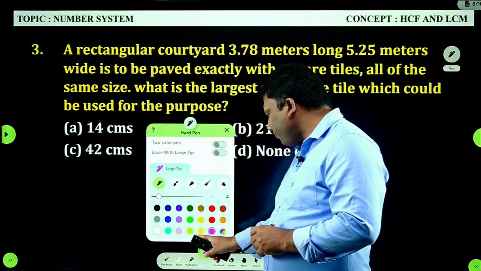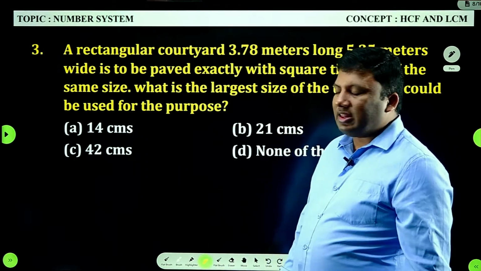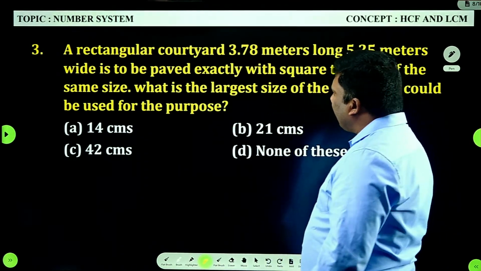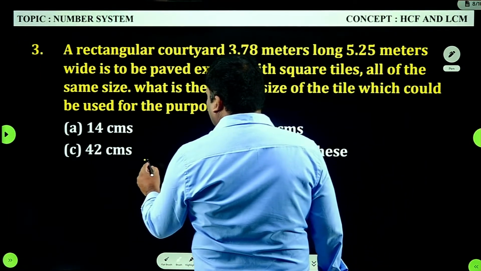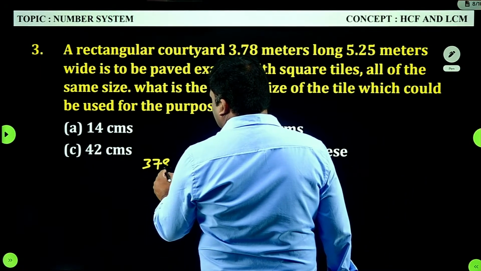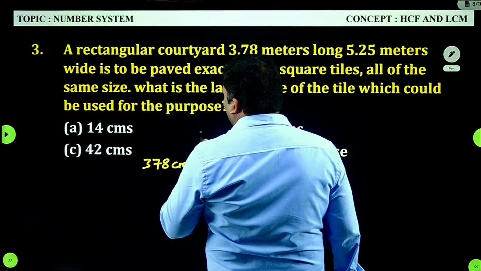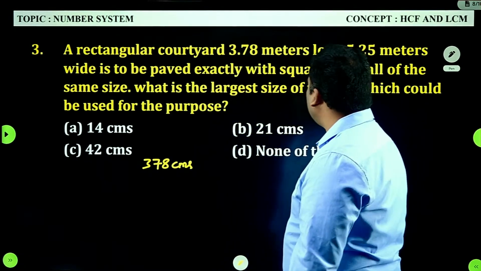Now see. Read the question. Another very important question. A rectangular courtyard, the length is 3.78 meters, which is 378 centimeters. 1 meter is 100 centimeters.